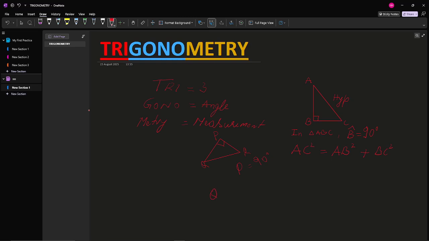So the square on the hypotenuse means QR square, since the opposite side of P is QR. So QR square is equal to the sum of the squares on the other two sides, PQ and PR. That means PQ square plus PR square.